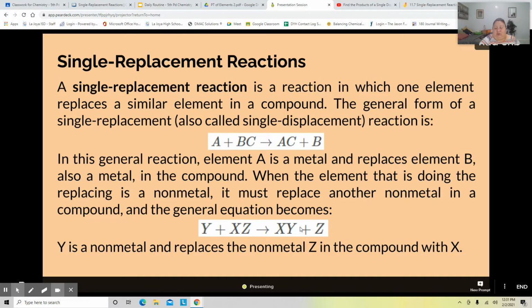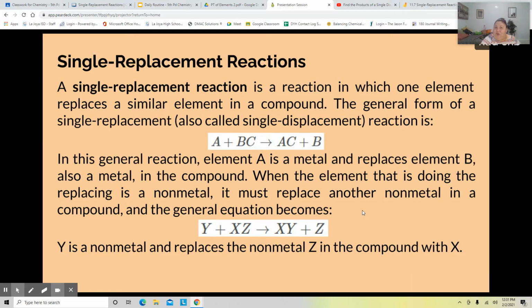And you have this general equation where now you have a non-metal Y replacing non-metal Z, and then you have Z by himself over here, and now Y has attached to the metal. And it says it again down here. Y is a non-metal and replaces the non-metal Z in the compound with X. All right, so look for those elements. Look for those single elements on both sides of the reaction, on both sides of the yield sign, the arrow. Okay, in case you forgot what the yield sign is, it's basically the arrow.